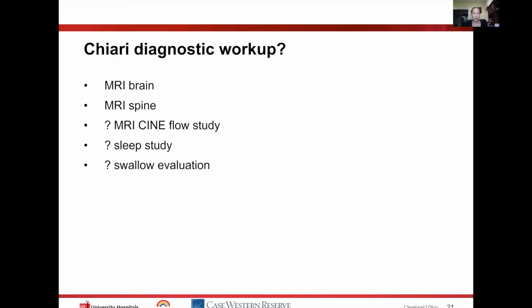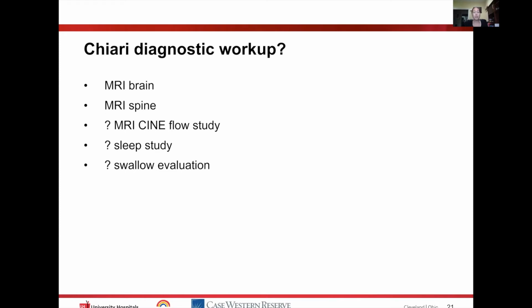I have not found those typically as helpful in diagnosing a Chiari. It's more if I have a patient that has some sort of vague symptoms, a not very impressive scan, and I just want to verify that there is flow.